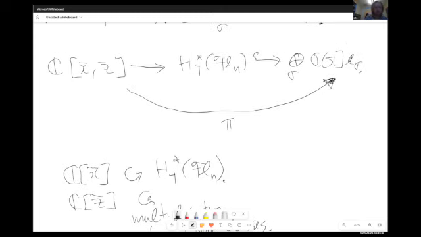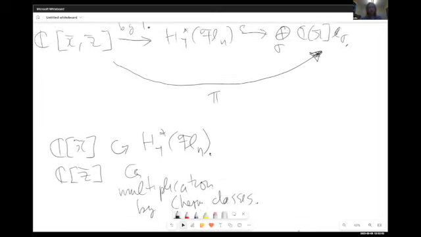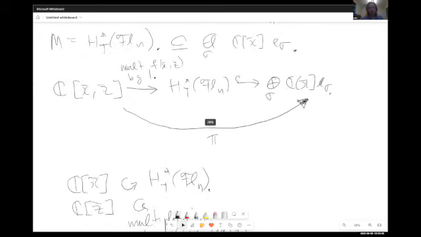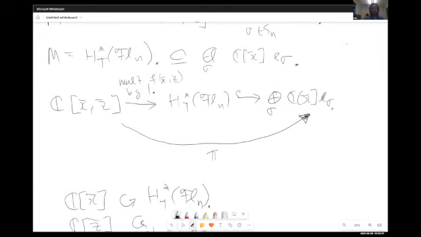And so this map is you simply multiply x and z to 1. And the composed map, this is the module describing M.